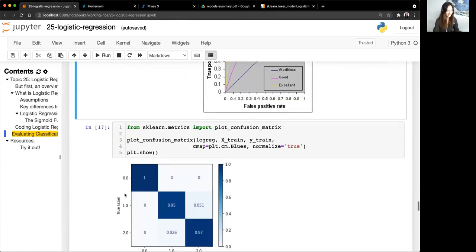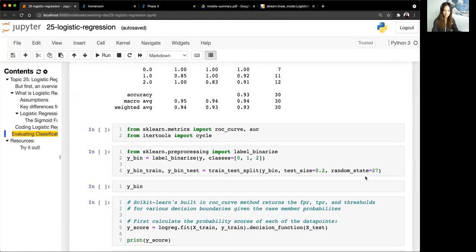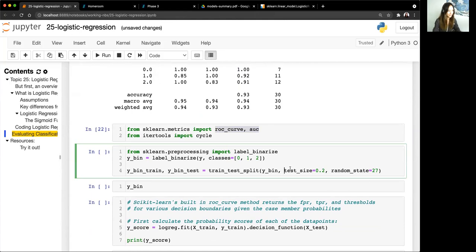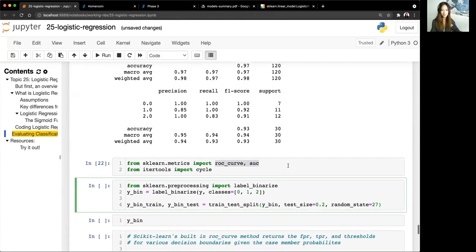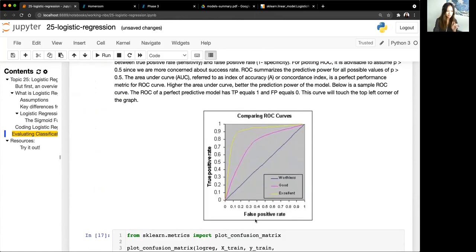But anyways, all right, let's talk about ROC curve in the context of logistic regression. So ROC curve and AUC do come out of the scikit-learn metrics library. One interesting thing you have to do with ROC curves, especially if you have more than 2 classes, is think about how an ROC curve plots true versus false positive rates.